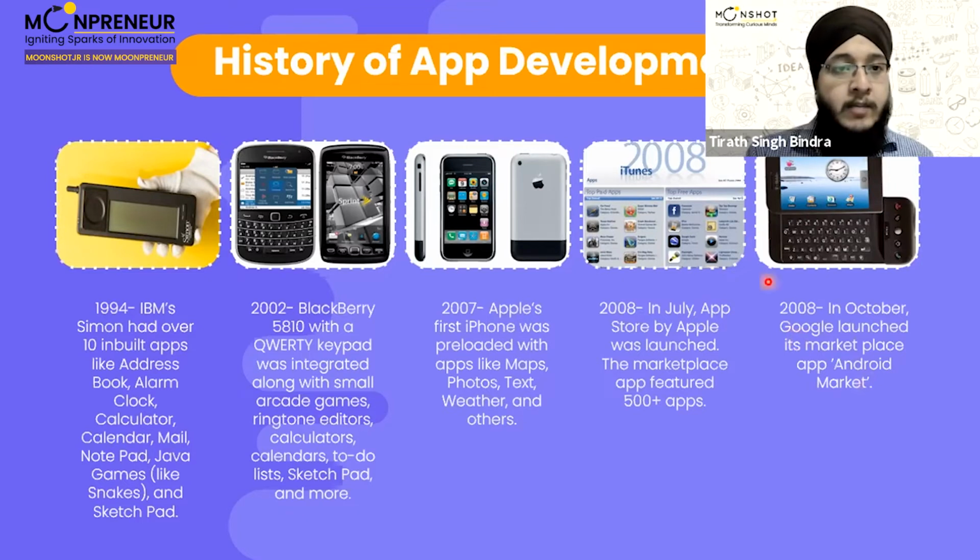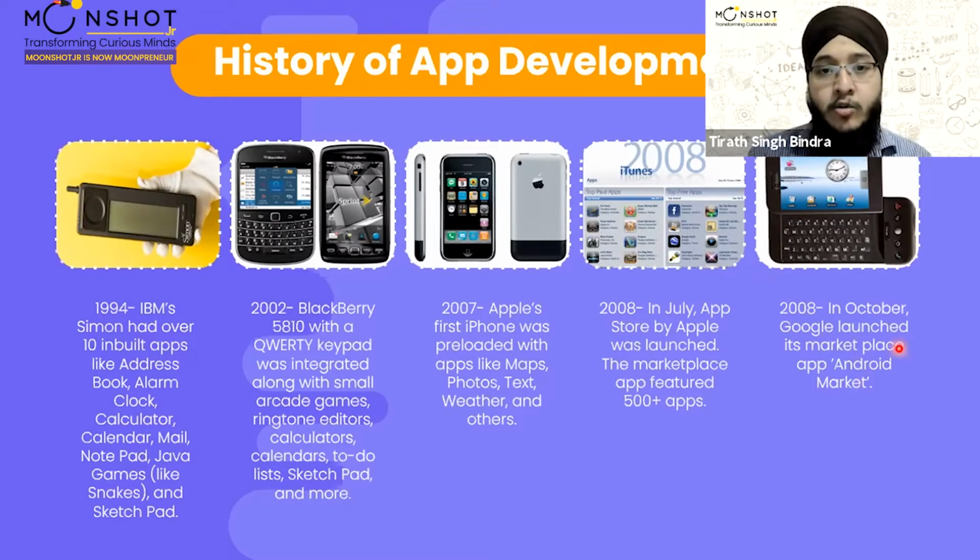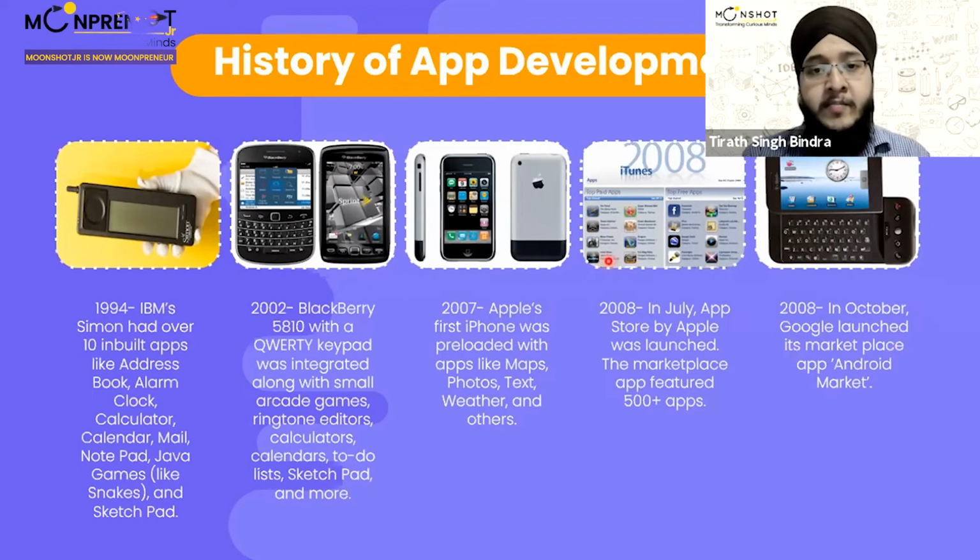We have to keep in mind that these are the two main marketplaces, the two main platforms we have to be good at if we want to become a full stack app developer. If we want to be an app developer who knows both marketplaces, then you have to be good at Apple as well as Android, that is iOS and Android.